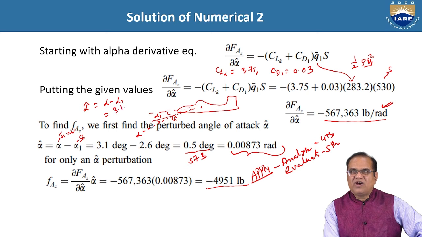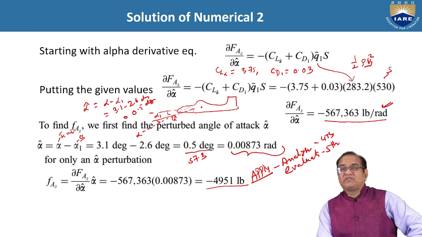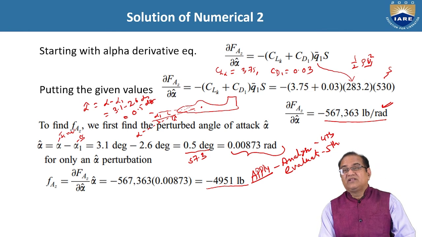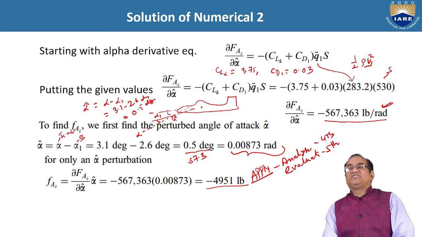Alpha is 3.1 minus 2.6 degree, so you will get 0.5 degree. If you have perturbed this much, a very small quantity, then minus 4,951 pounds of force will be generated.